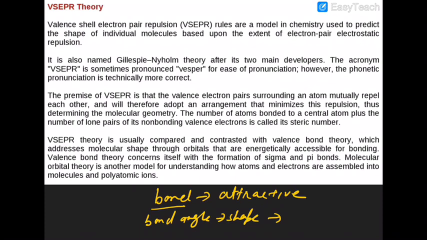Dominated by repulsive interaction. The bond pairs and the lone pairs present on the central atom must take the positions in which the repulsive interaction among themselves is the least.